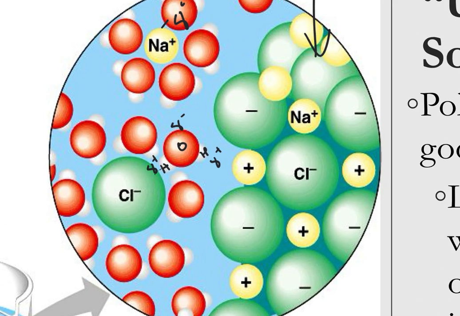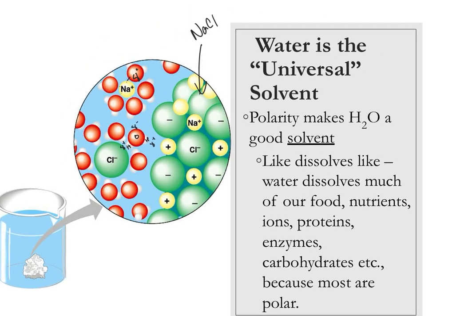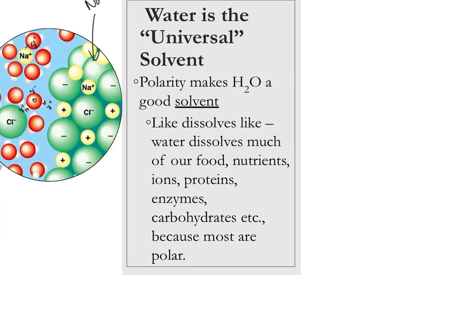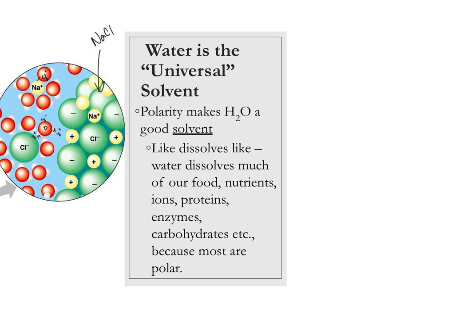So they end up forming these weak hydrogen bonds with each other, and that ends up dissolving the substance. So remember, we use that word polarity because, again, polar means unequal sharing of electrons.